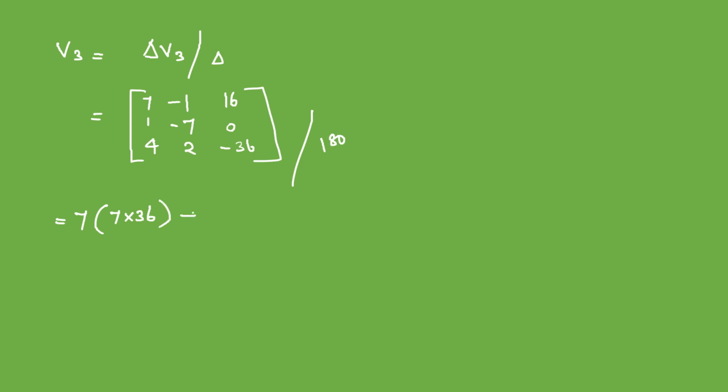Okay, then minus 1, already minus of minus plus 1 into, here we have this minus 36. Okay, then here it is 0, right? Then here we have plus 16, then here it is 2, then minus of minus 20 plus 28.